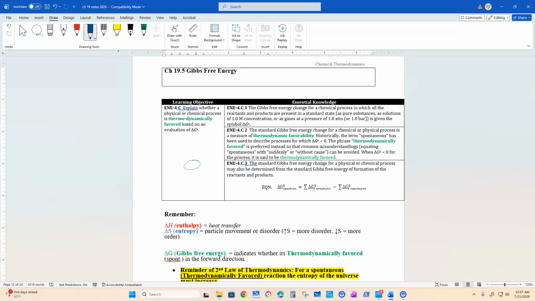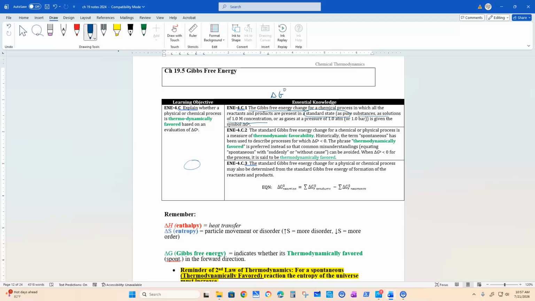Okay, now delta G is a new variable. We'll get to the name down here at the bottom. Gibbs free energy change, delta G, in a chemical process in which all the reactants and products are present in standard state. So not only standard state as in a pure substance, but also molarity.